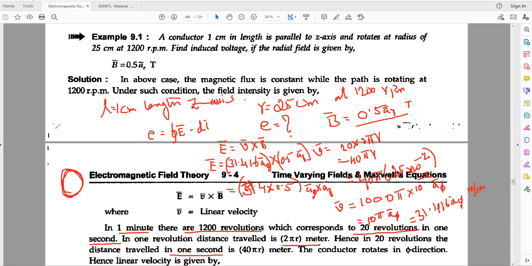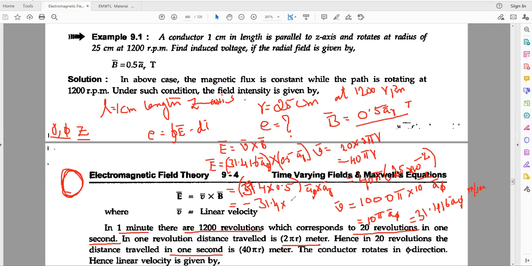Actually, the products are phi and z. If you consider the cylindrical coordinate system, r cross phi is z, and if it is reversed, phi cross a_r is a negative value.